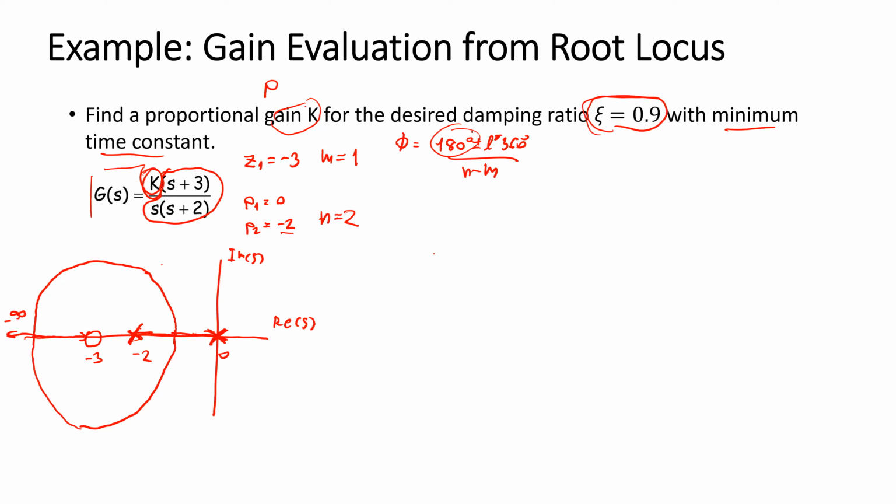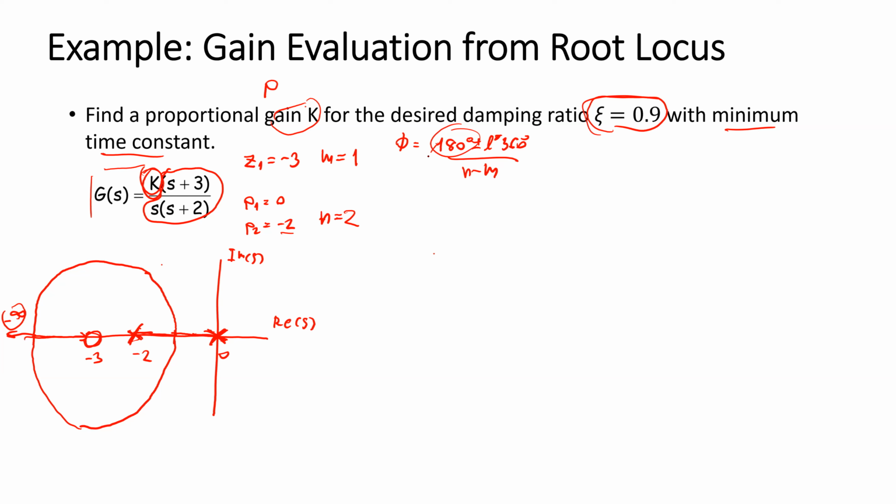We have only one asymptote, which makes sense because we have two poles and one zero. One root will approach the zero. Another root will go along the asymptote at 180 degree or go to the minus infinite.